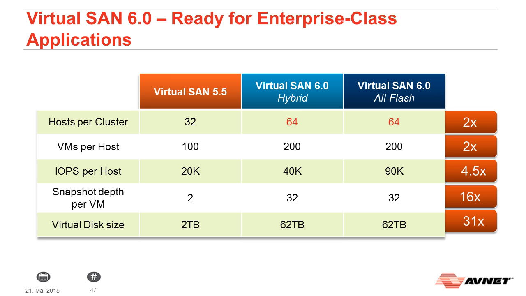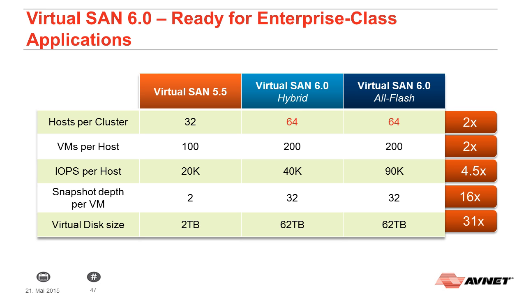So much like we had the comparison for the vSphere versions, this gives you that side-by-side comparison for virtual SAN. So there you see the top line. Of course, we've done that build out the number of hosts supported.